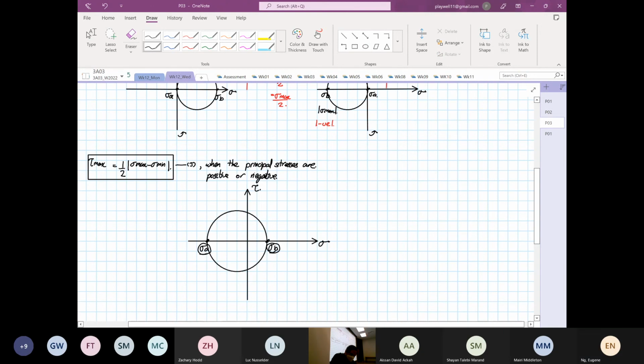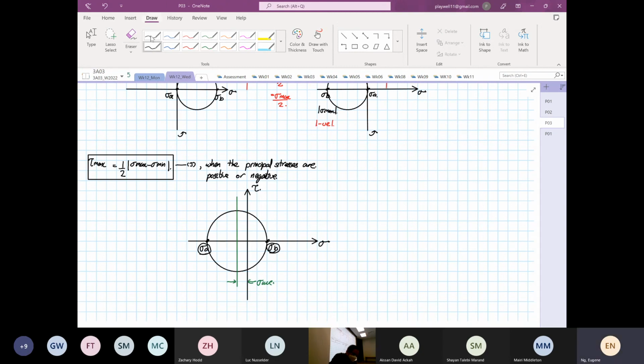Right. So we are aware that over here, this is our stress average. So from here to here, this is our stress average.